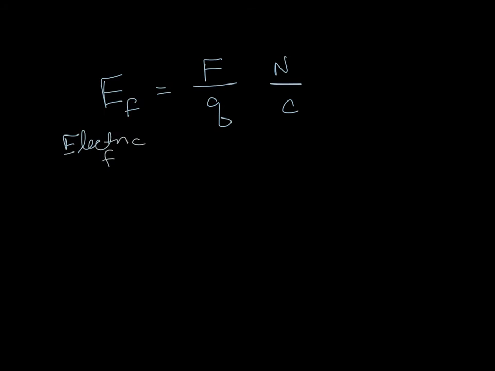Now, by definition, our electric field is our force per charge. So it's newtons per coulomb. That's the unit for electric field. Be careful, okay? You might actually want to write this out in your notes as electric field, and make sure you distinguish this is the field and this is the force, because there's a few things we can get this mixed up with.